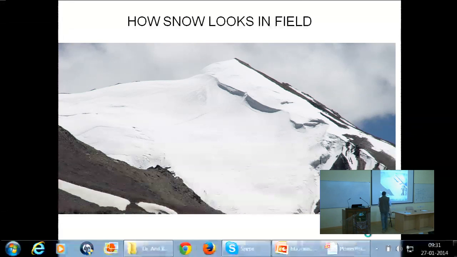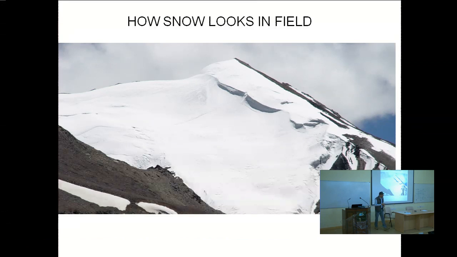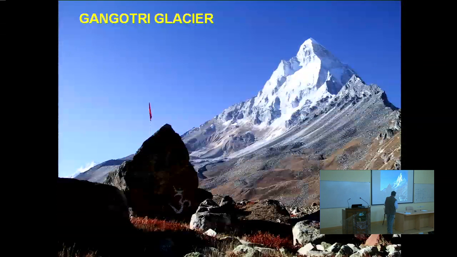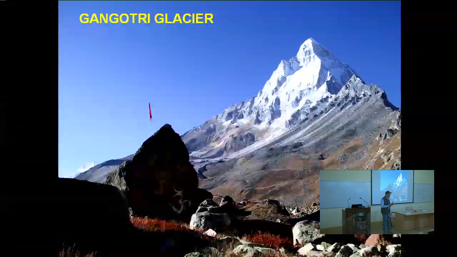The first key question which we need to understand is what it looks like to the human eyes and how it looks when you move away from the visible region of the electromagnetic spectrum towards the near-infrared. You can also see how the glaciers look, and this adds complexity to what you are going to do in future.